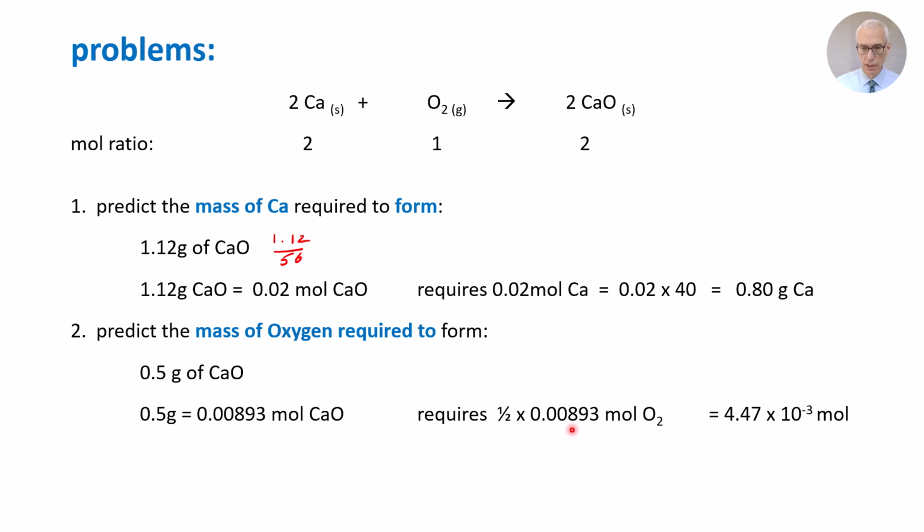So the moles of oxygen would be 0.0893. That's the moles of calcium oxide times 1/2. It's 2-to-1, which gives us the moles of calcium. Beg your pardon, the moles of oxygen. Multiply the moles of oxygen by the formula mass of oxygen, 32, gives us the mass of oxygen required to make 0.5 grams of calcium oxide.